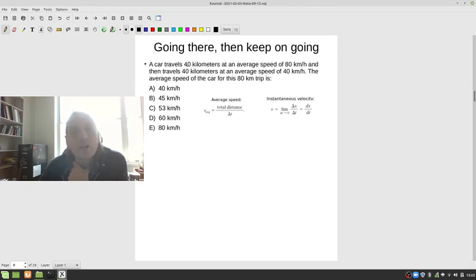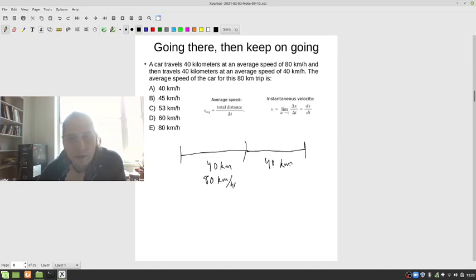Okay, here's a different sort of problem. A car travels 40 kilometers at an average speed of 80 kilometers per hour. And then slows down and travels another 40 kilometers at 40 kilometers per hour.